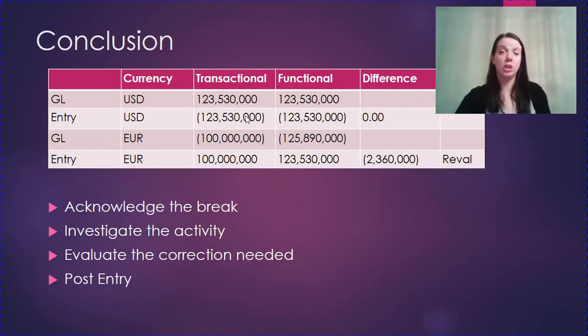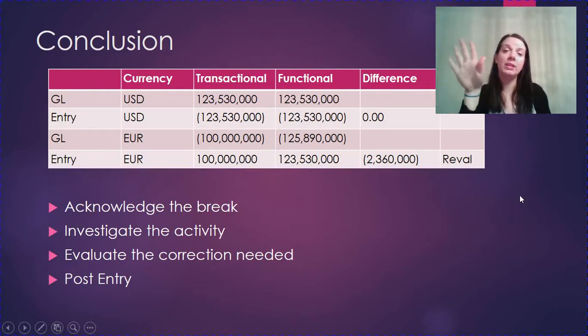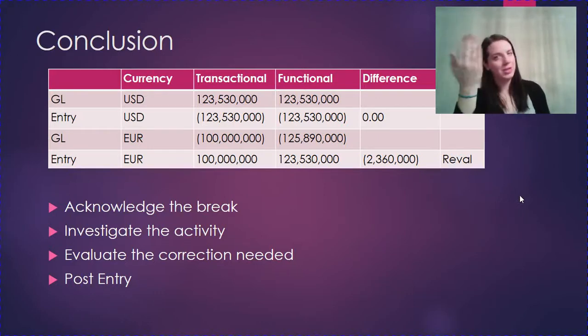For the euro, we have the 100 million that was originally posted, and then the euro of 100 million for our entry with that hard-coded rate, creating a difference of the 2.3. But because it's in the euro, the general ledger will reval that automatically. It couldn't do that to the US dollar because it was already in US dollar, but now we have it established in foreign currency, so the general ledger will be able to reval that.